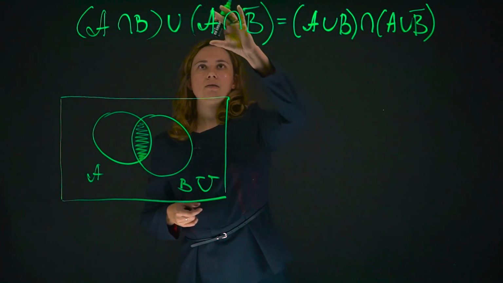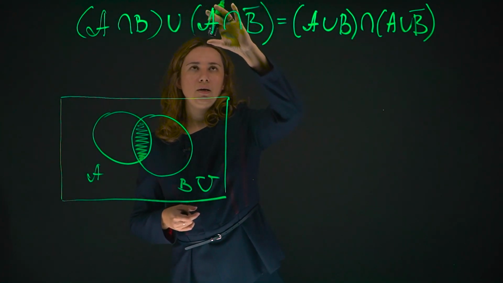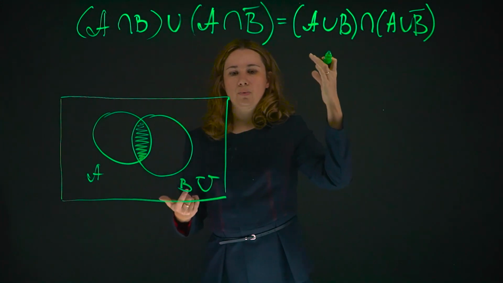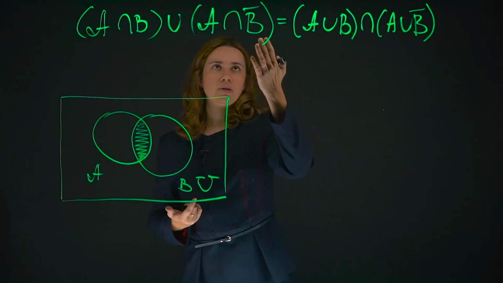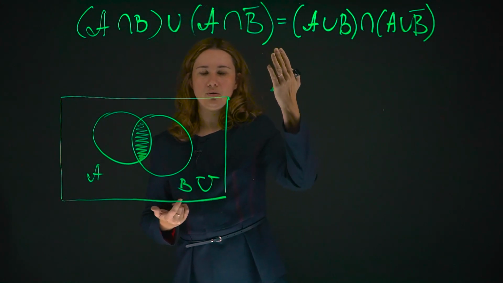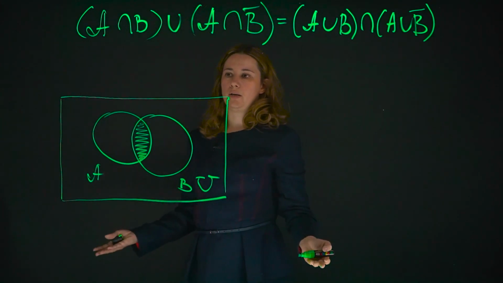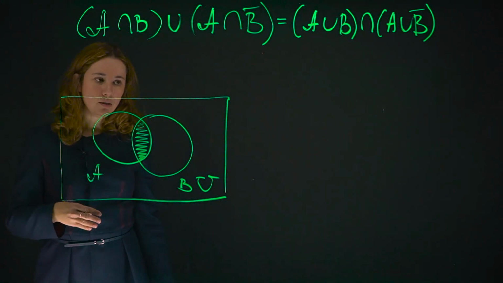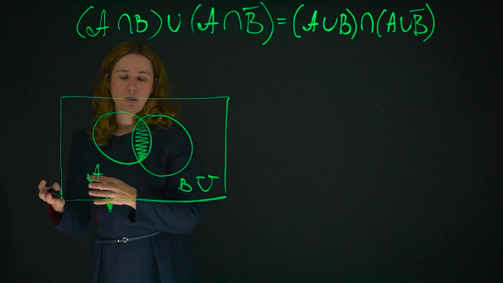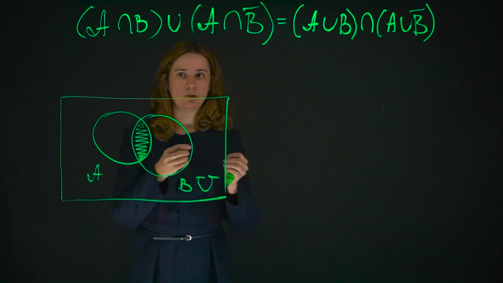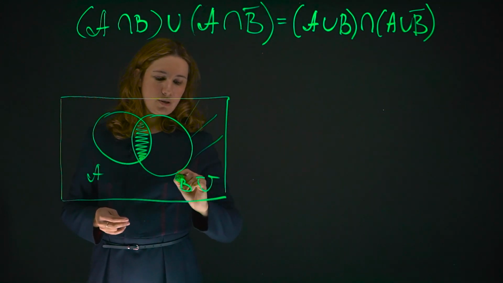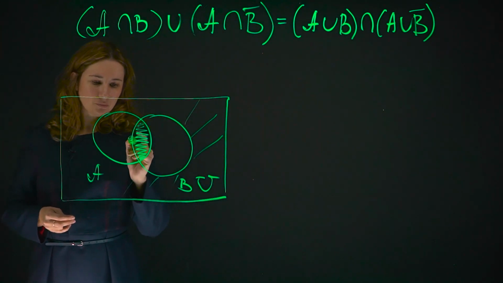Now, let's consider this operation, A intersection not B. And of course, first of all, we need to identify the result of this operation not B. Not B is a set of all elements that are not in B, yeah? These elements are in U, but not in B. And we need to consider this part of our picture.